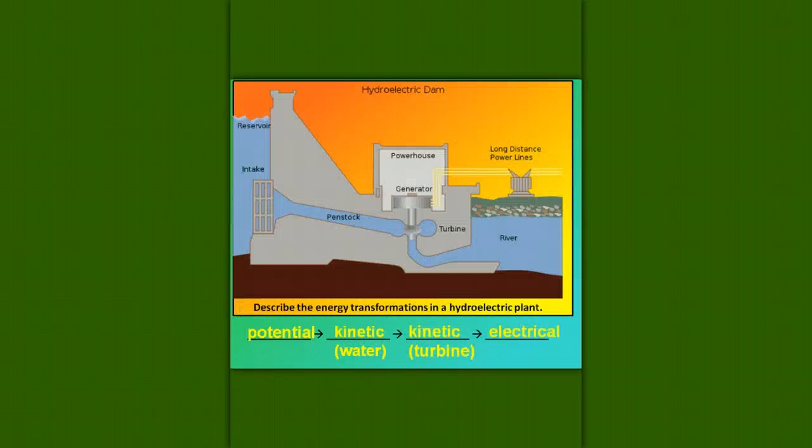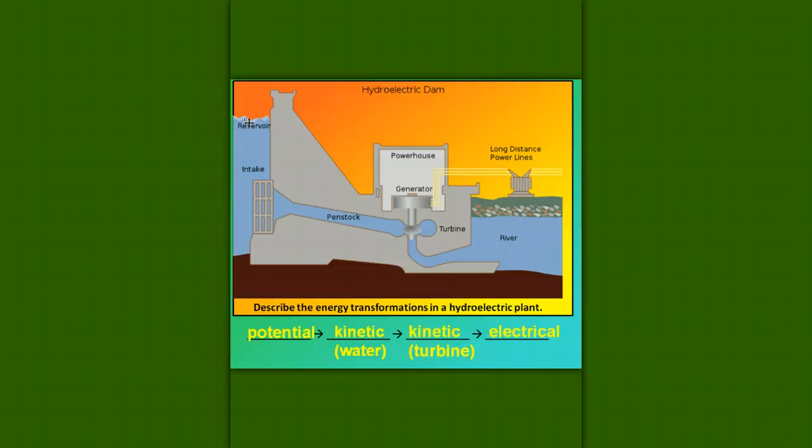Now the next one is a hydroelectric plant, and it should look very similar to you. Basically, if you look, here's the turbine, here's the generator, and they're generating electricity. But how does this one happen? Well, here's the water behind the dam. The water, being high like this, has gravitational potential energy.